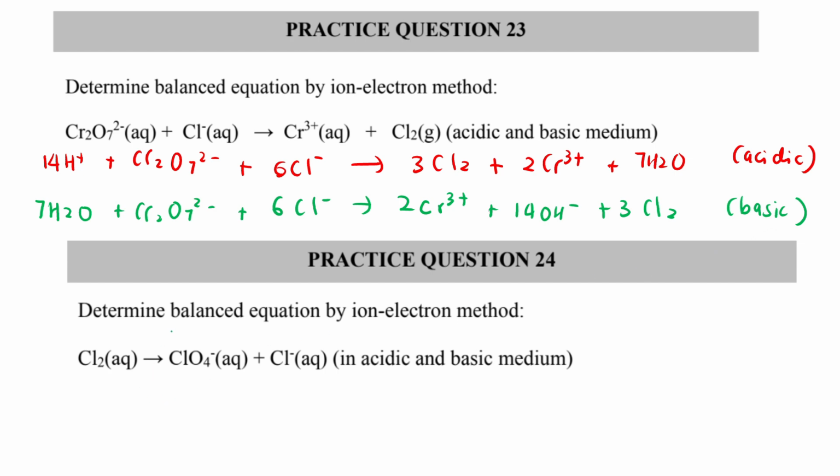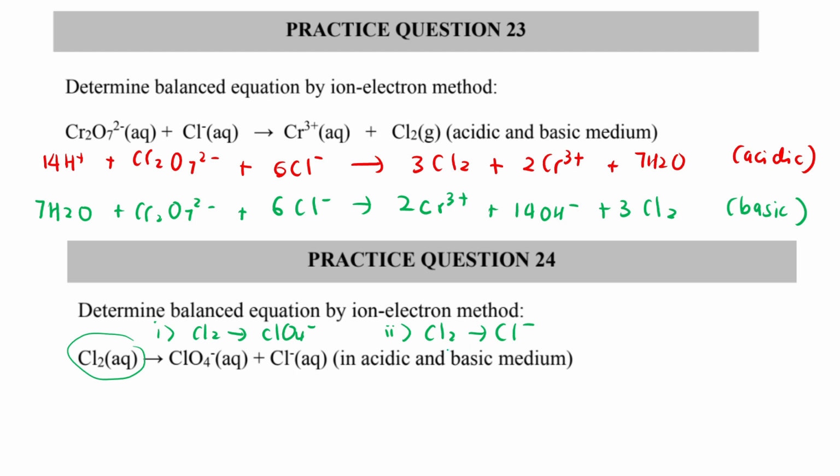Okay, and for question 24, if we refer to question 24, we have only one reactant. So actually this reactant we can use twice, meaning the first half equation is Cl2 produce ClO4 minus, and the second half equation daripada Cl2 produce Cl minus.